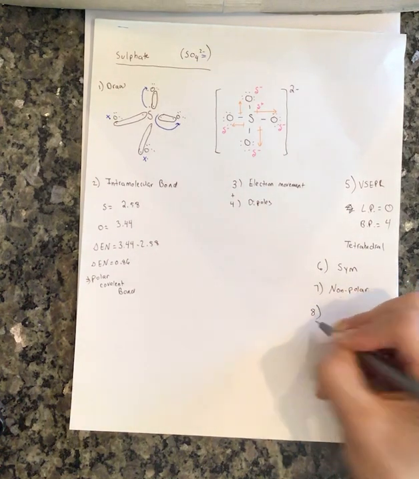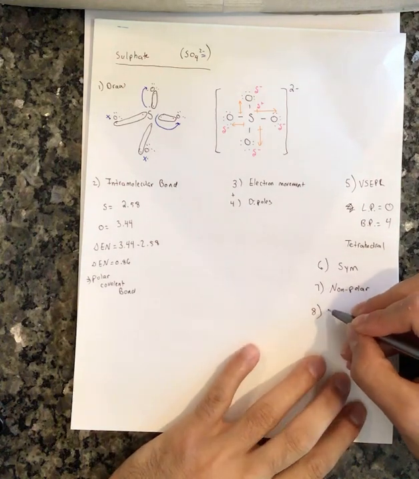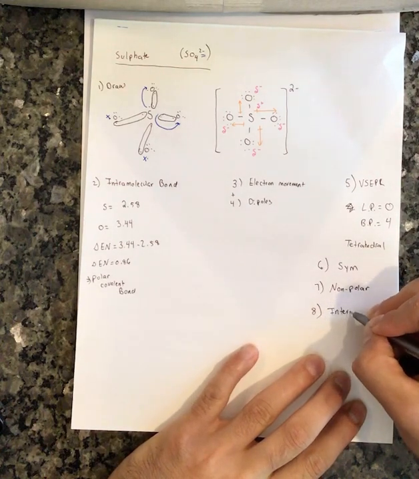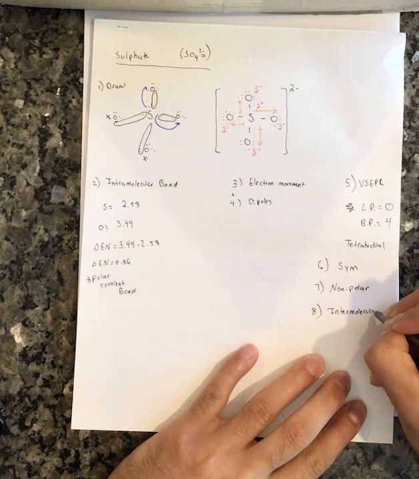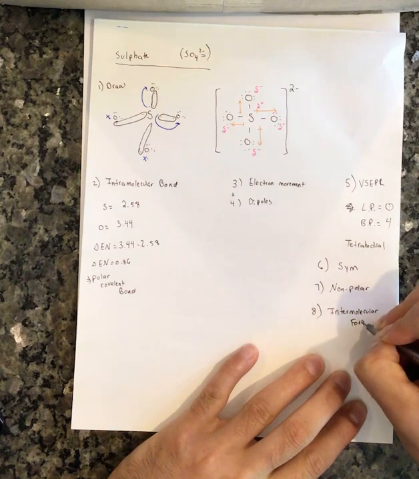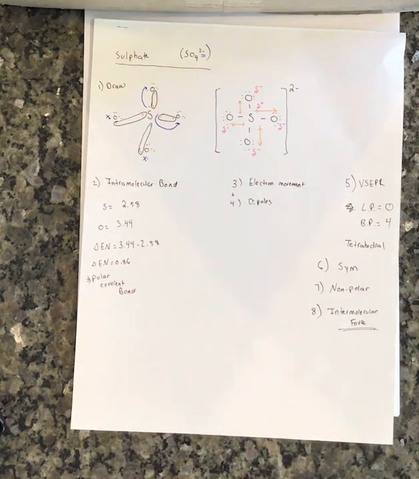Now, question 8. What type of intermolecular force do we have? Your 3 options are dipole-dipole, hydrogen bond, or London dispersion. And like I said before, you only tell me the strongest one that you have. I don't want to see all 3 of them.